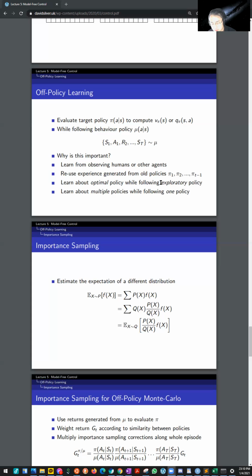So we generate experience, learn from it, discard it and move on. That's the biggest idea of on-policy learning.